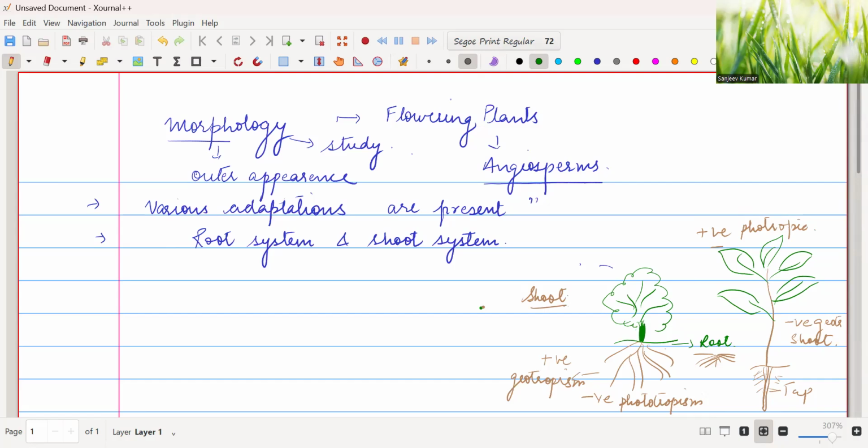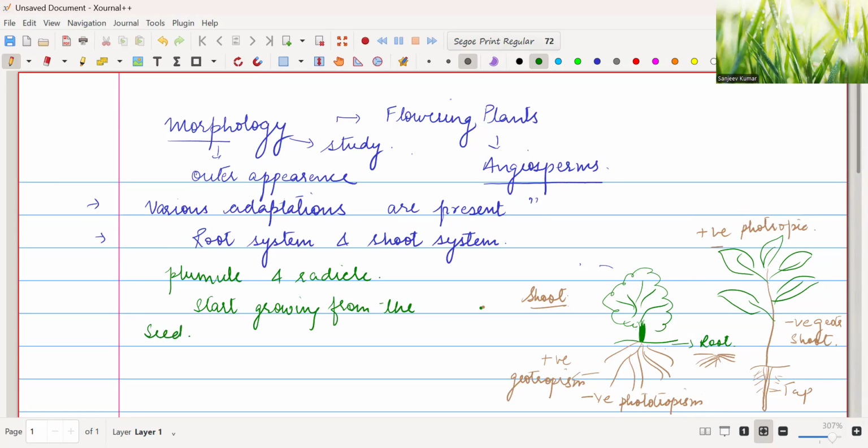If we talk first about the roots only, there are smaller parts, the plumule and the radicle, which you have studied before also, that start growing from the seed.